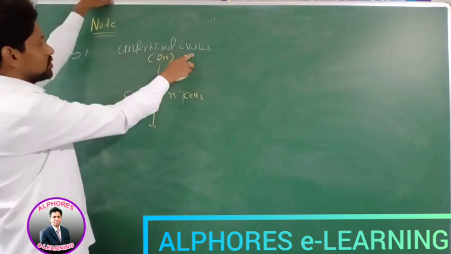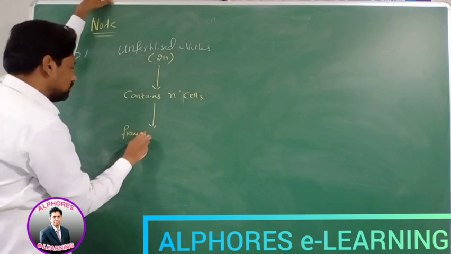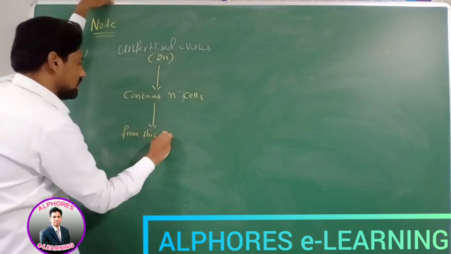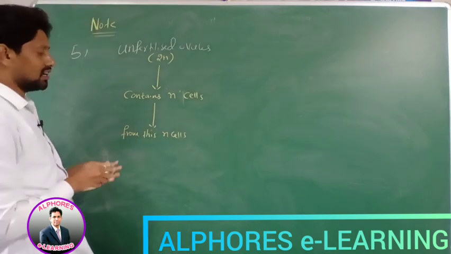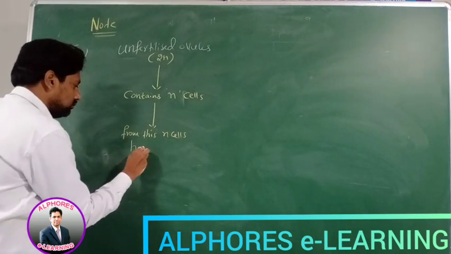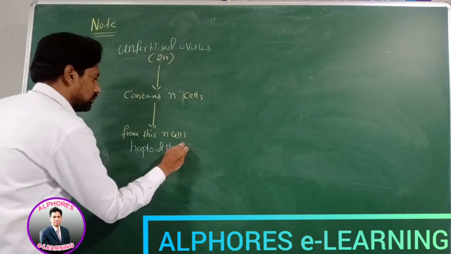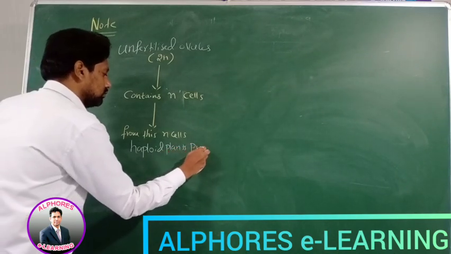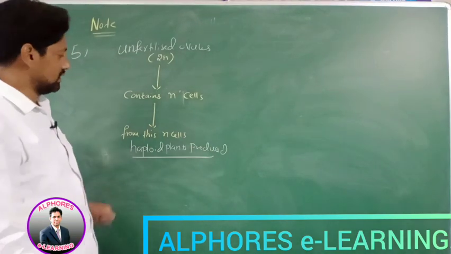Therefore, unfertilized ovules contain haploid cells, and from these haploid cells, haploid plants are produced. Is this statement okay?